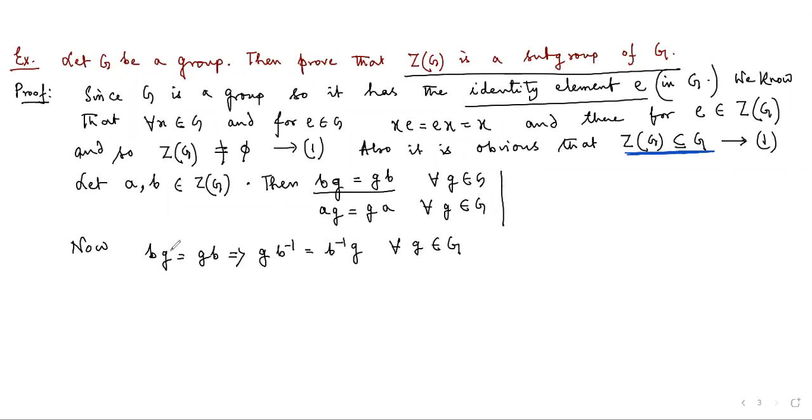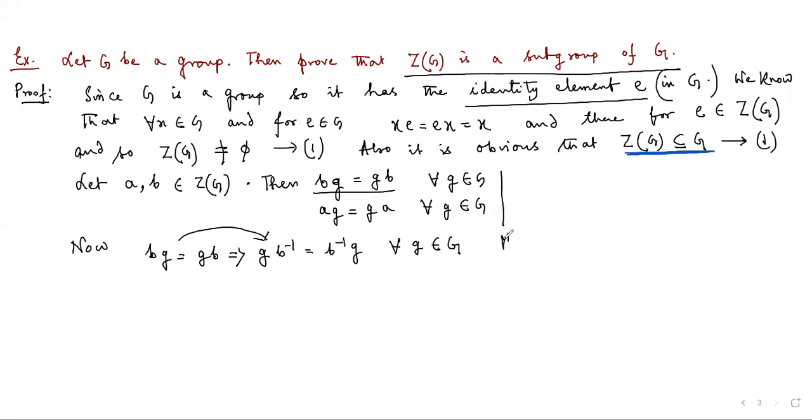If I multiply both the sides by B inverse, then this will come. One multiplication will not give you the following, but you have to go for this type of multiplication twice from both the ends, and that will be true for all G belonging to capital G.